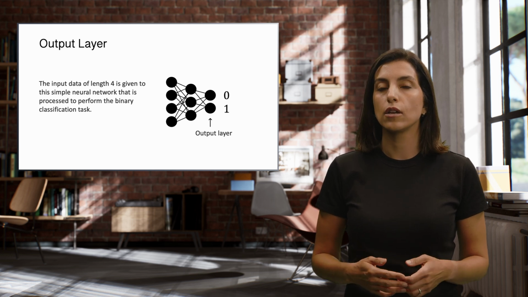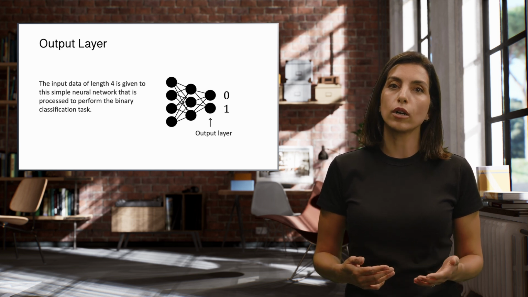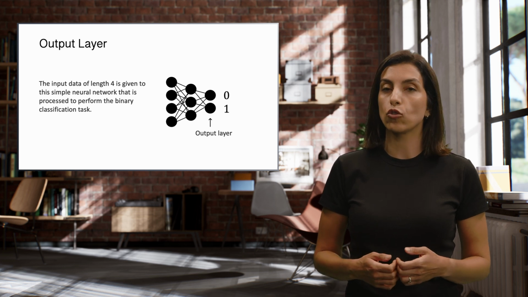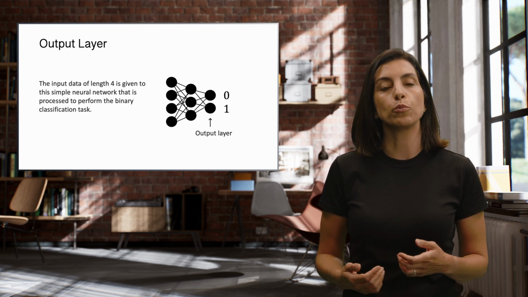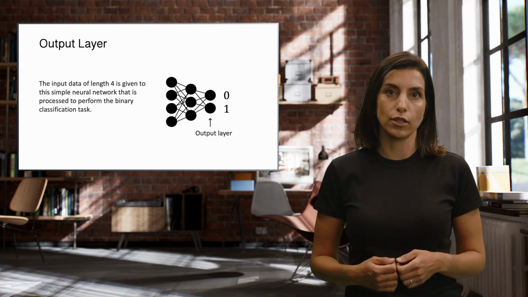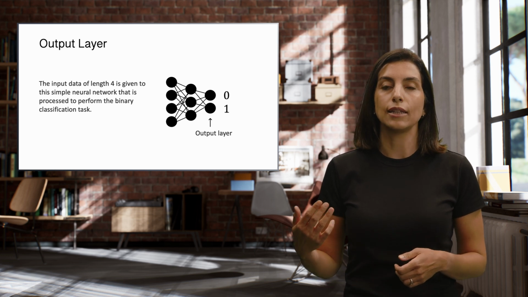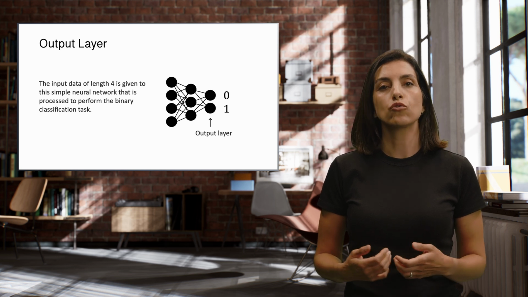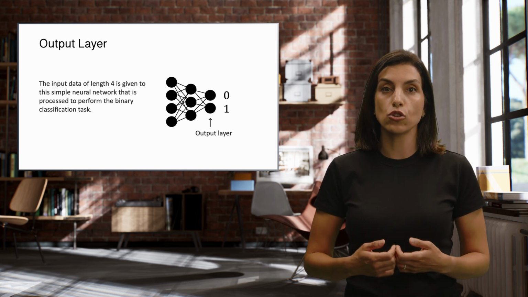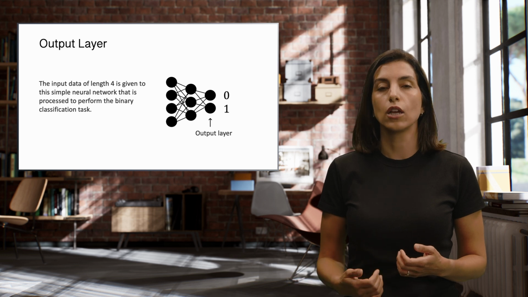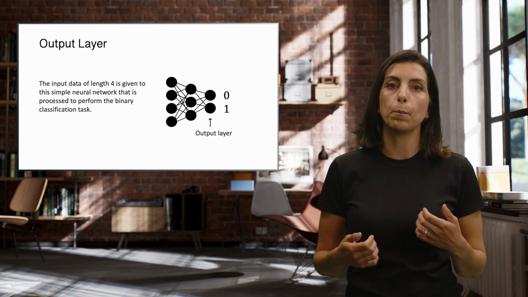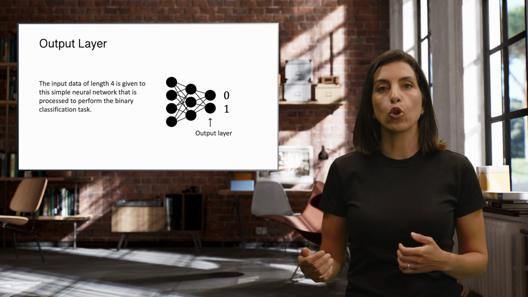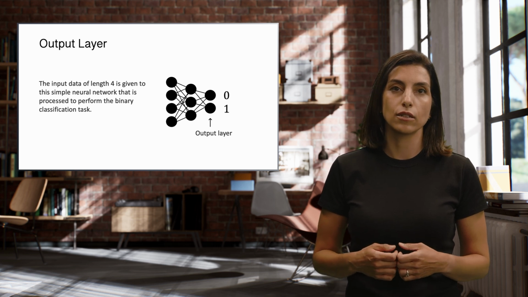To summarize, the input data of length 4 is given to this simple neural network and processed to perform the binary classification task that assigns the input data to one category. In the training process, the parameters of the neural network are adjusted so that the network can do the best processing when deployed for the classification task.